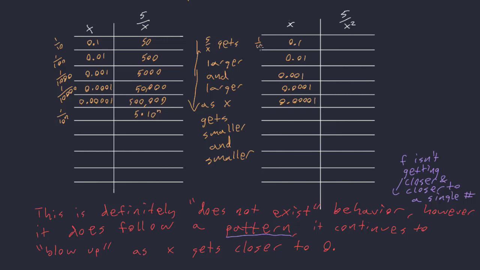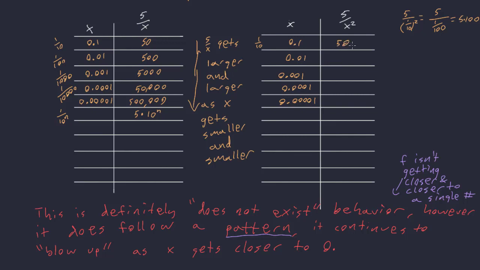We're going to see the same behavior here because when x is 1 over 10, 5 over x squared is going to be 5 over 1/10 squared. So that's going to be 5 over 1 over 100. So it starts off even higher, right? Because when we invert and multiply, it's going to be 5 times 100.